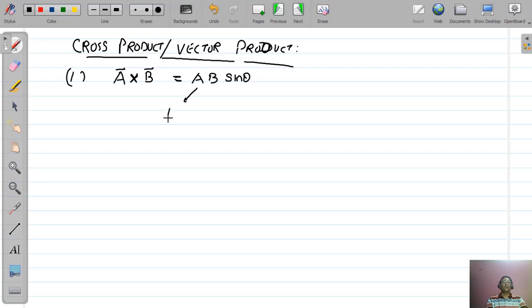This is the magnitude of vector A. This is the magnitude of vector B, and theta is the angle between vector A and vector B. And one more thing is the normal vector, which is a normal unit vector.